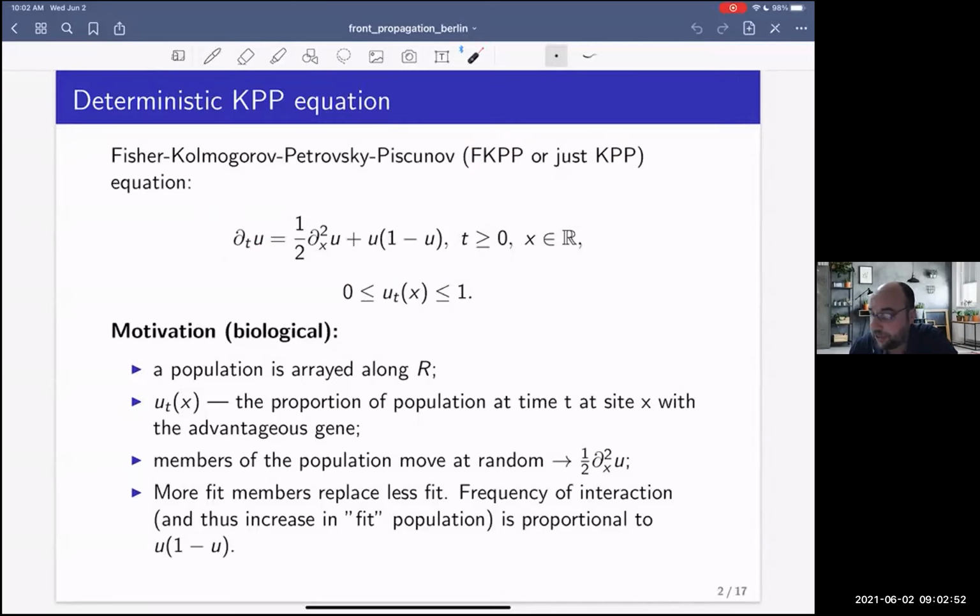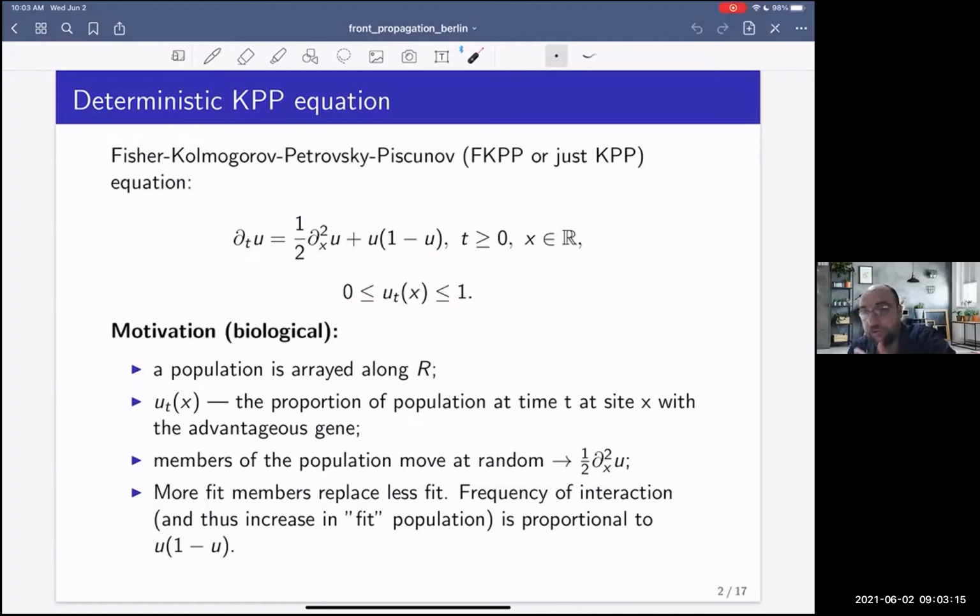Space is the real line, and the first derivative in time of u equals the half second derivative in space, plus the drift, or sometimes it's called the reaction term. And the drift is u times (1 minus u), and we consider the solutions that take values between 0 and 1.